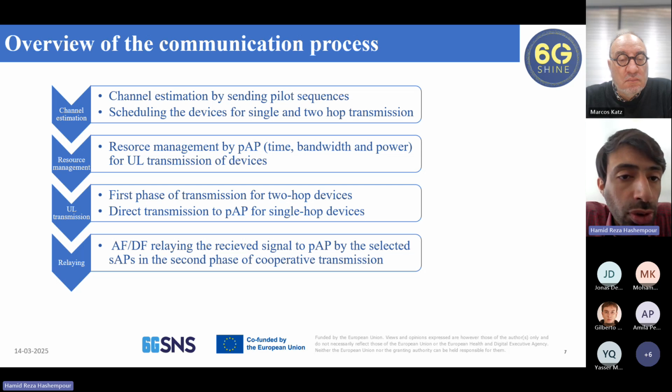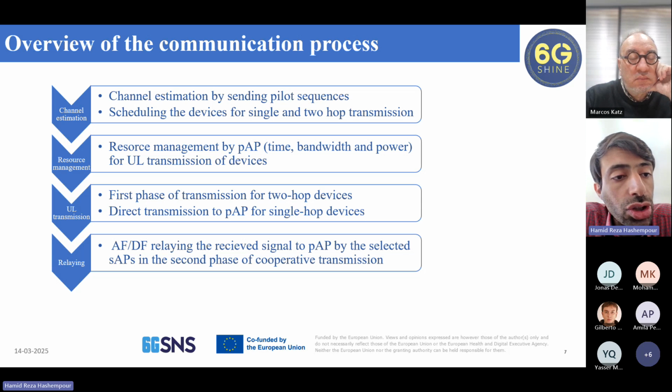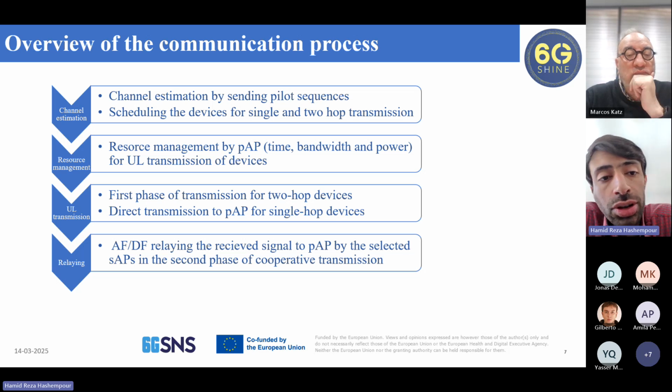To show the overview of our communication process, I would like to show you this flow chart. You can see that first of all, we estimate the channels, then we manage the resources, and then the uplink transmission and relaying happens. By channel estimation, we mean that the access point uses some pilots to estimate the channels, then schedules the devices for single hop and two hop.